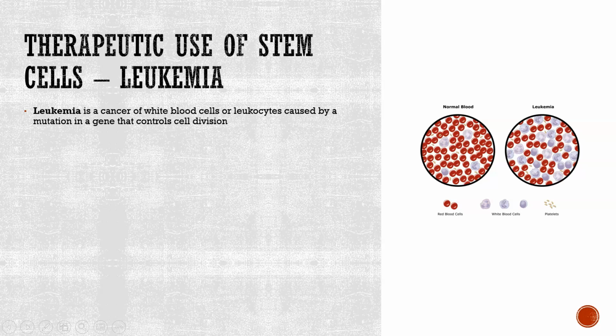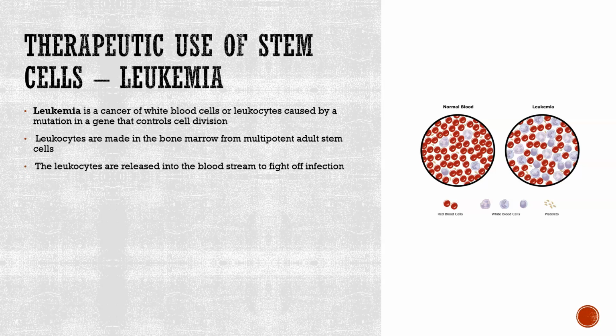Leukemia is a cancer of white blood cells, or the leukocytes, and it's caused by a mutation of a gene that controls cell division. Leukocytes are made in the bone marrow from multipotent adult stem cells. The leukocytes are released into the bloodstream and basically they fight off infection.